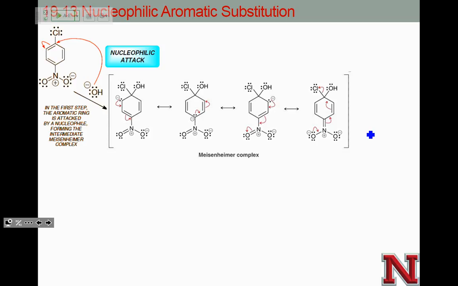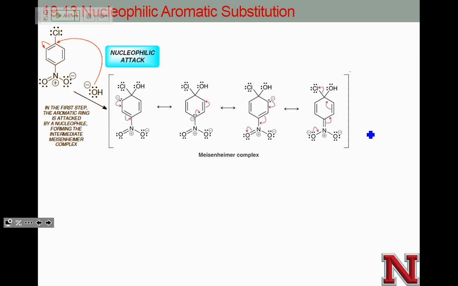That's why our electron withdrawing group has to be ortho or para for us to get this extra stable resonance structure. And again, electron withdrawing groups are going to stabilize a negative charge. So we call this the Meisenheimer complex, which is based on the scientists that first really reported the mechanism of this reaction.